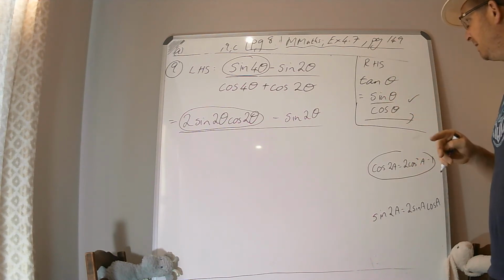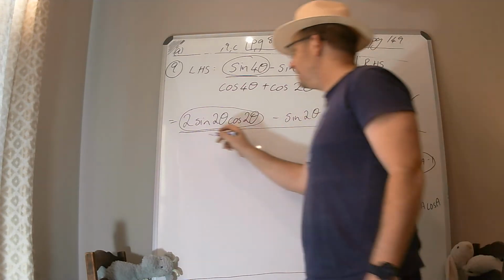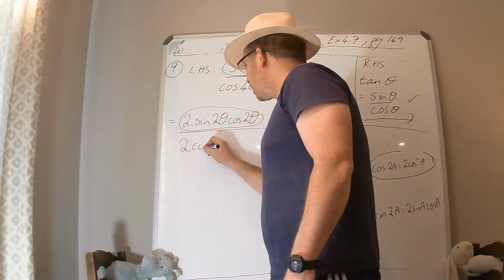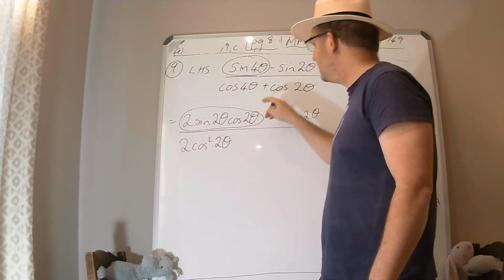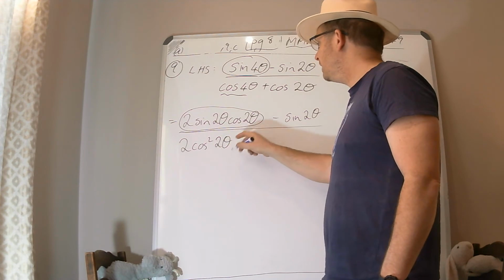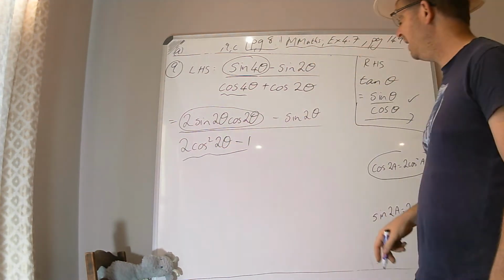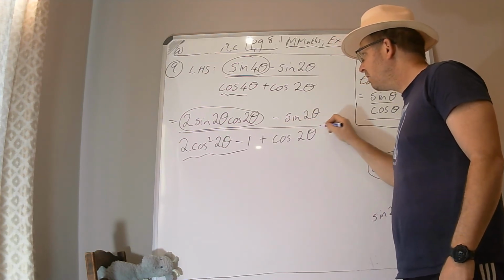So Sarah Jacobson, using this logic, what will cos 4 theta become? Indeed, it'll become 2 cos squared, what's half of 4 theta? It is 2 theta. So cos 4 theta becomes 2 cos squared 2 theta minus 1. And I'm just going to leave cos 2 theta for now.